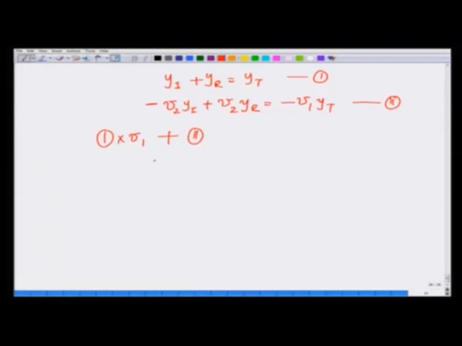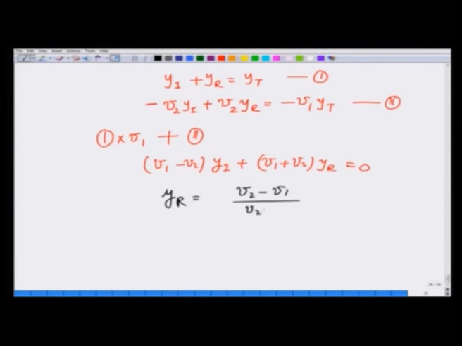I get (v1 minus v2) y incident plus (v1 plus v2) y reflected is equal to 0, and this gives me y reflected is equal to (v2 minus v1) over (v2 plus v1) y incident. So, we have gotten what y reflected is.